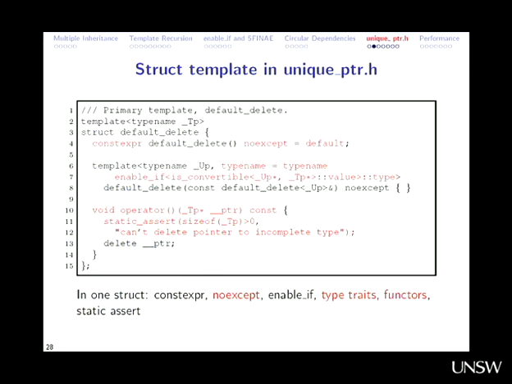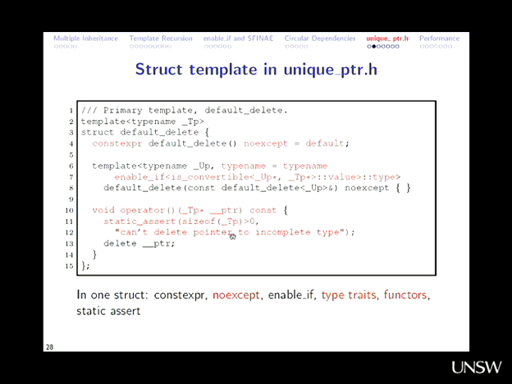So here we go. We just looked at this default delete, which has a constructor that's a constexpr noexcept equals default. We had enable if, which we saw earlier today, we had a functor, and also we had a static assert here. It's interesting to see the static assert is looking at the size of whatever this thing is and seeing if the size of it is greater than 0.